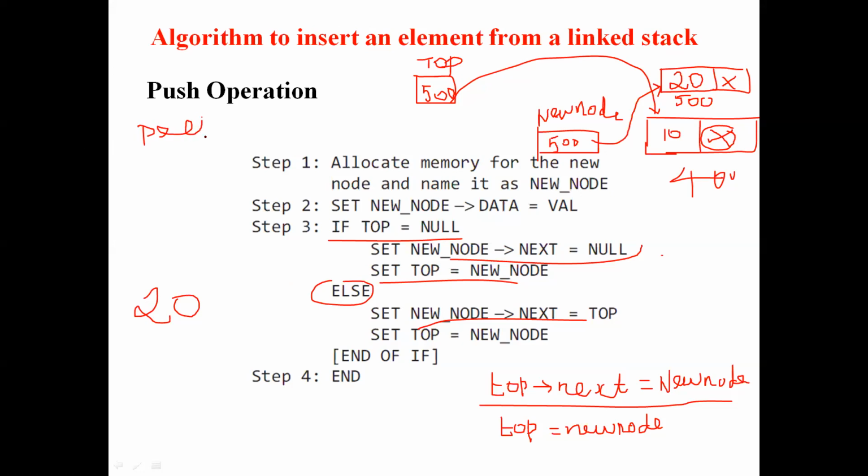Peek is a function which returns the top element of the stack. So how will I print? Let me draw on the whiteboard. Print top next data. Simple. So it prints the top element of the stack. That's all. This is about the peek function.